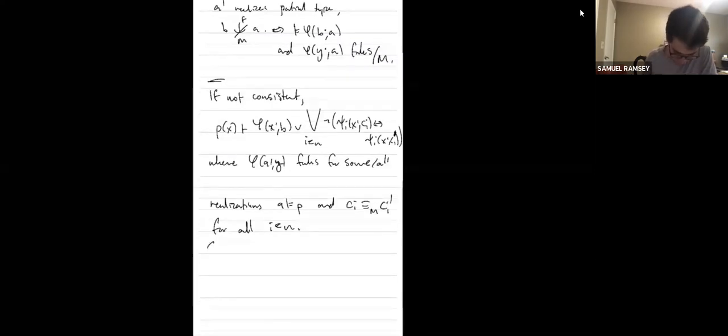Okay, so since φ(a, y) forks over m, in particular, q(y), which is just going to be this partial type I get when I look at φ(a', y) as a' ranges over all tuples inside the monster that have the same type over m as a, this also forks over m.